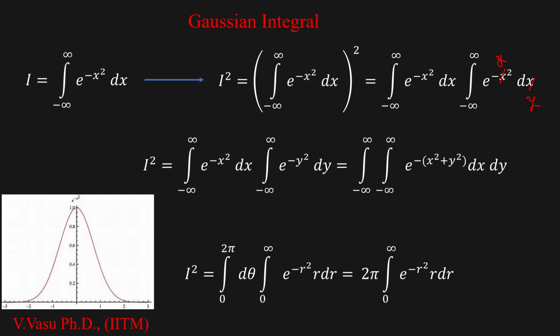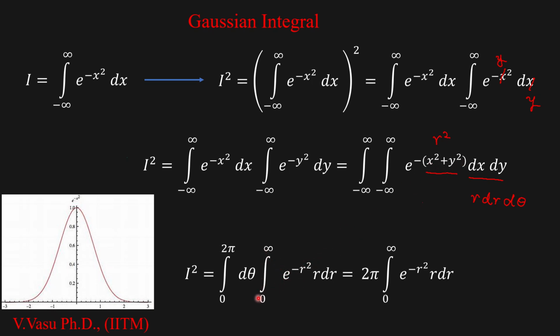Now we can write this x squared plus y squared as r squared. So we can write this in the r theta coordinate system, where dx dy becomes r dr d theta. So I have replaced x squared plus y squared with r squared.